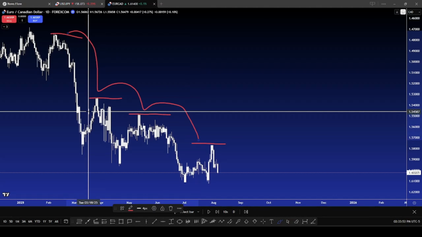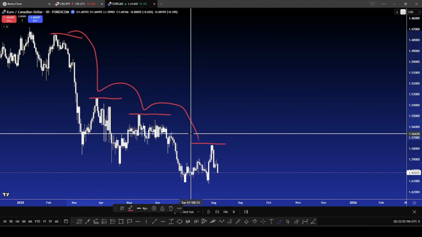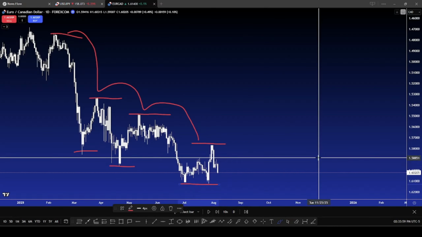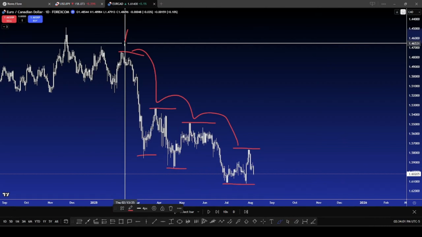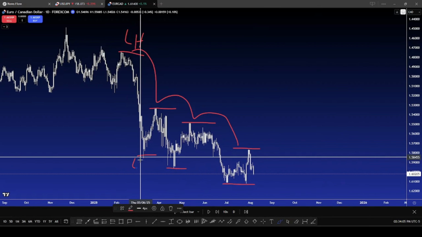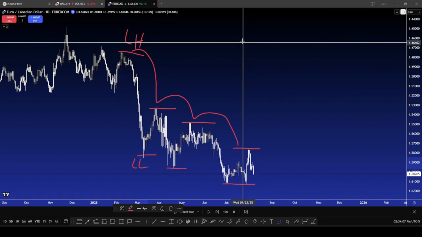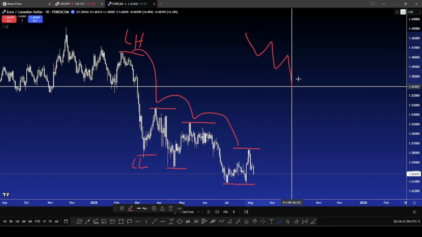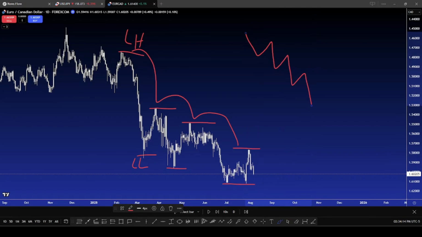Not only are the highs getting lower, but the lows are getting lower. So we have lower highs and lower lows. What's a downtrend? Nothing but lower lows and lower highs.